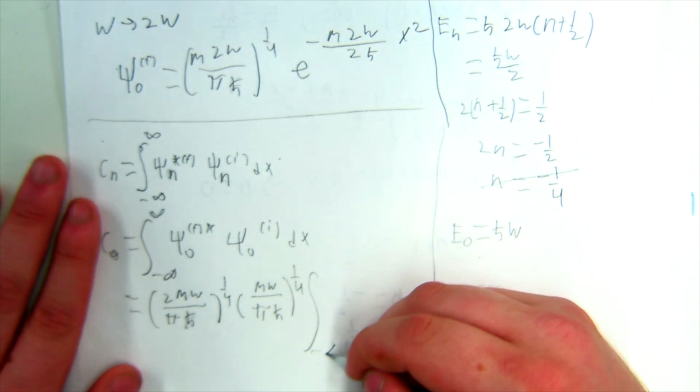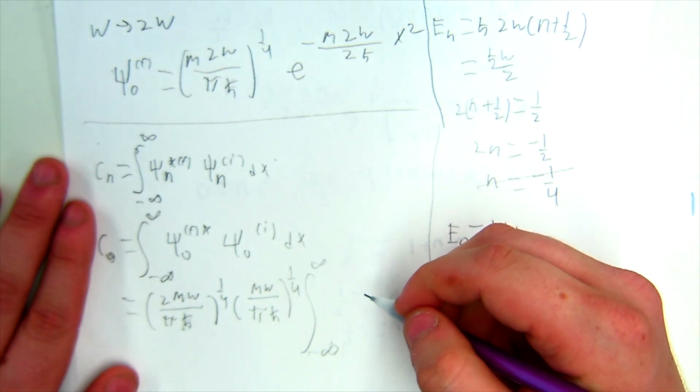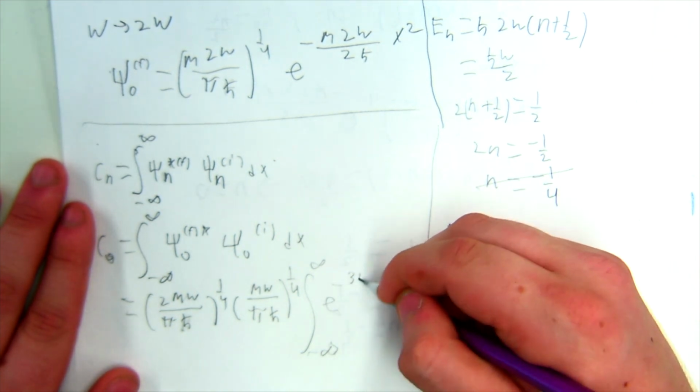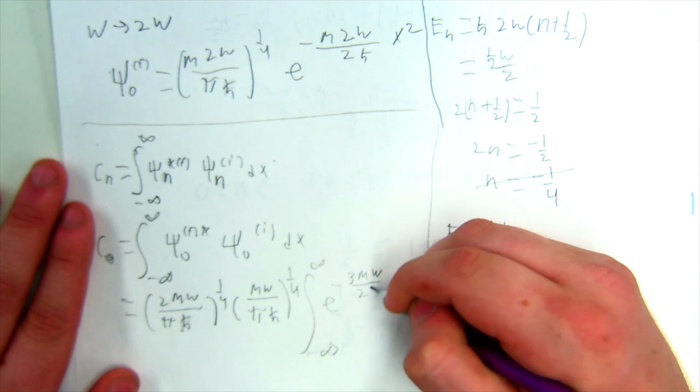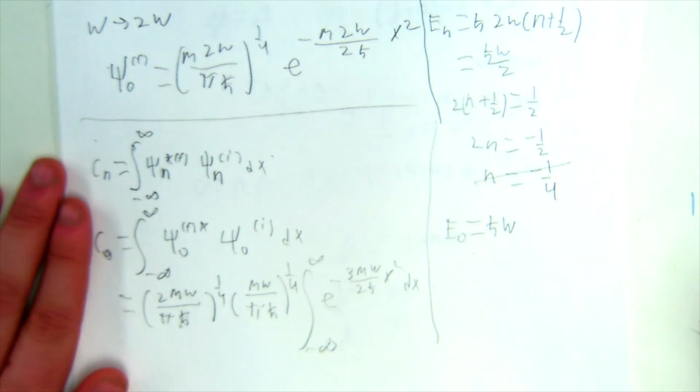And then this will be the integral from negative infinity to infinity of e to the negative 3 m omega over 2 h bar x squared dx.